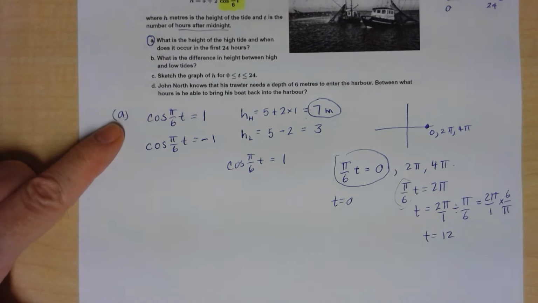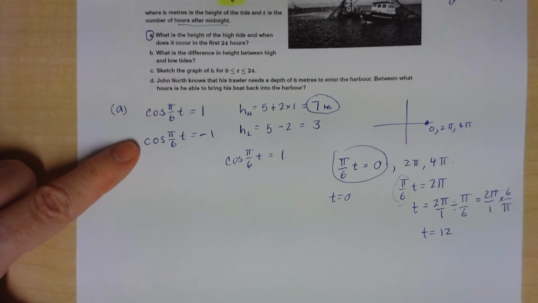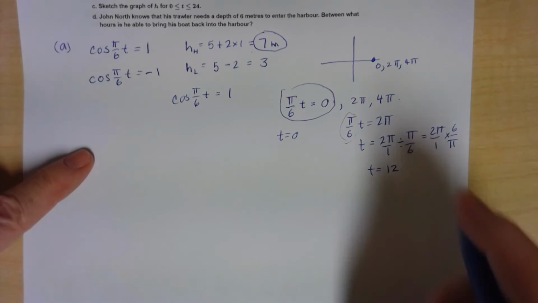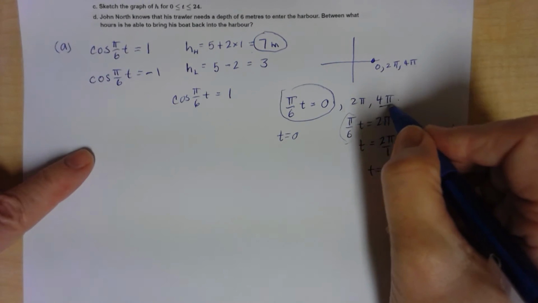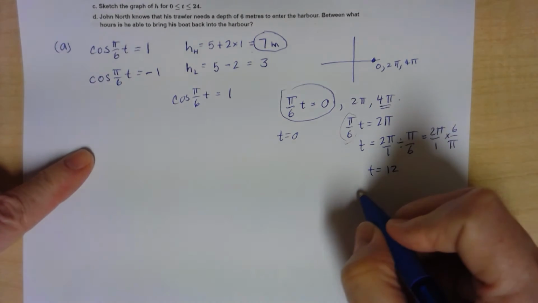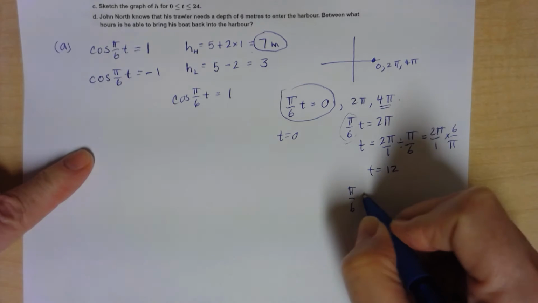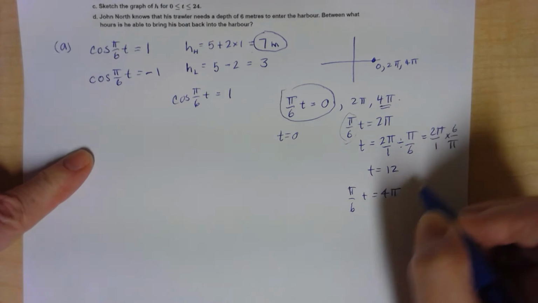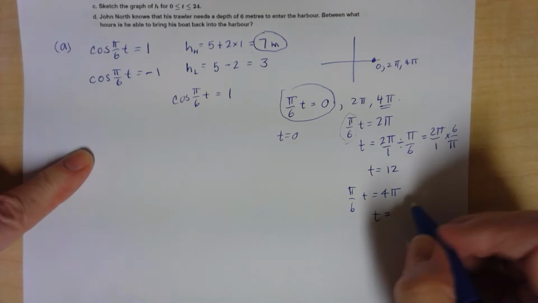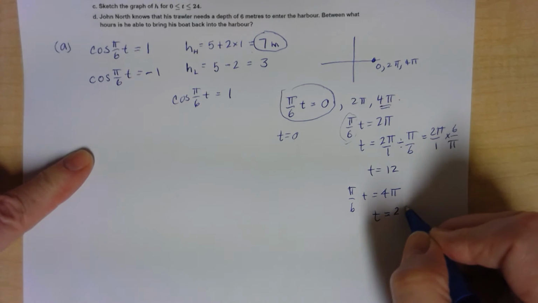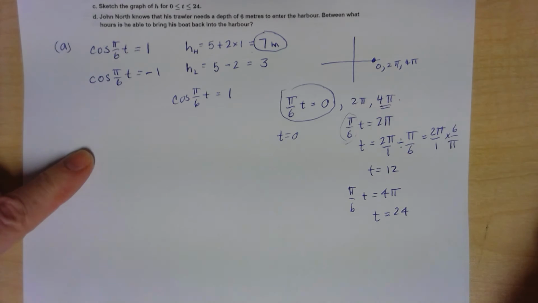So at noon, 12 hours after midnight, and you can see how I'm going to keep going with this. If I do the next one at 4 pi, I get pi on 6t equals 4 pi, so t equals 24. And those are my high points.